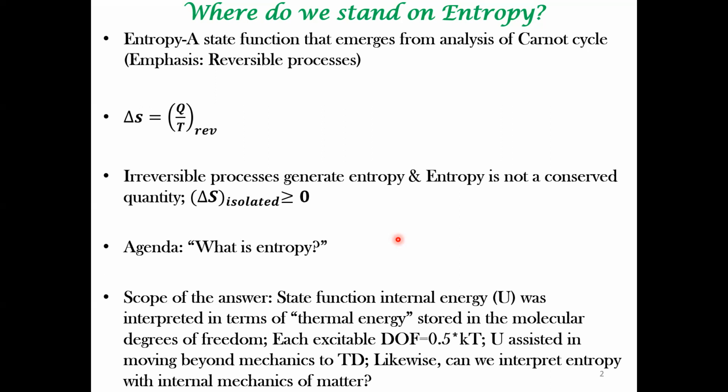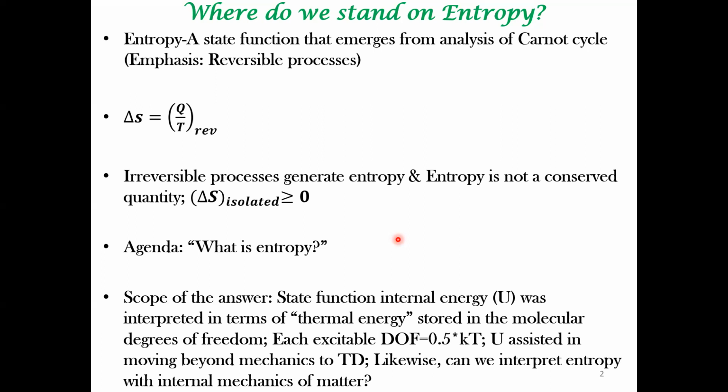It can be translational, vibrational, rotational degrees of freedom, and so on. We stated, we didn't prove, from the equipartition theorem that every excitable degree of freedom has half kT in it. We interpreted temperature as a measure of average kinetic energy stored in each degree of freedom.